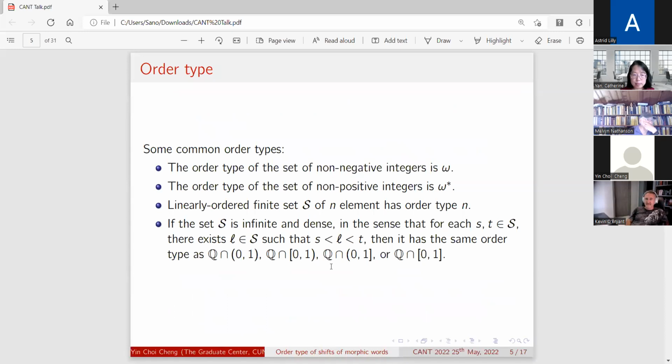And next, here are some of the common order types that will be relevant in this talk.